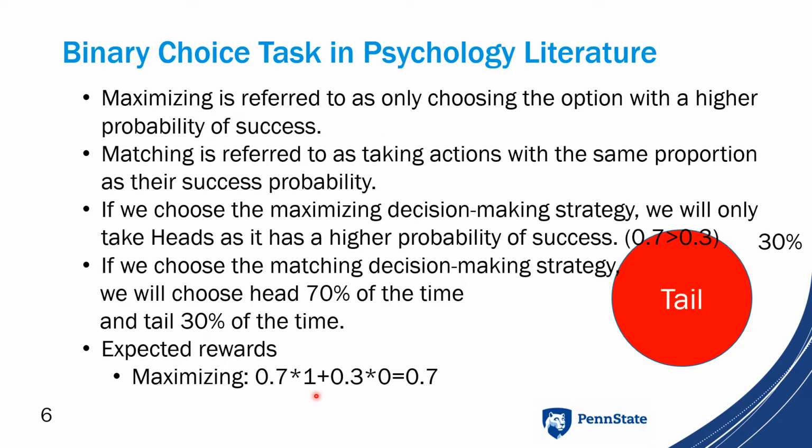For example, in the maximizing strategy, we will take head 100% of the time, so the proportion of head is 1, and the probability of success is 0.7. And if we choose matching, the probability of success of head is 70%, and in 70% of the time we are choosing head. And the probability of success for tail is 30%, and in the 30% of the time we are choosing tail.